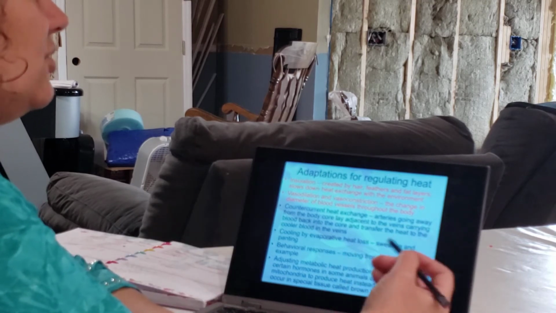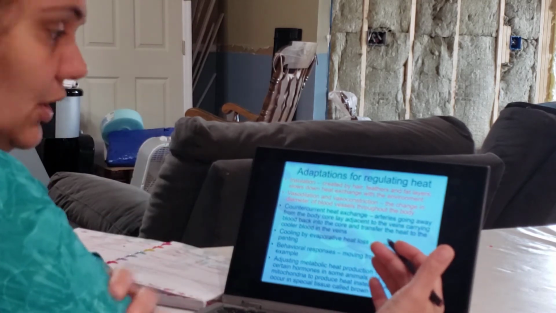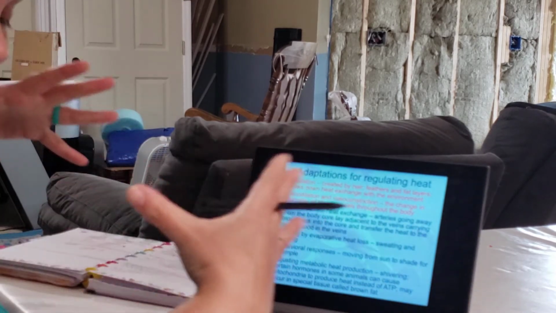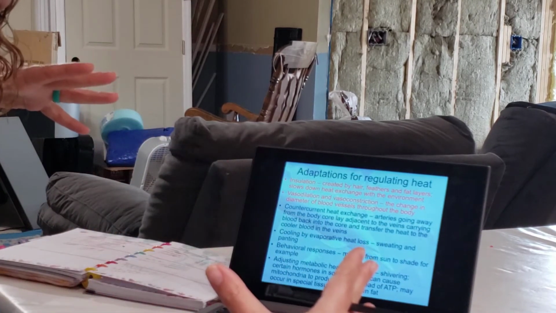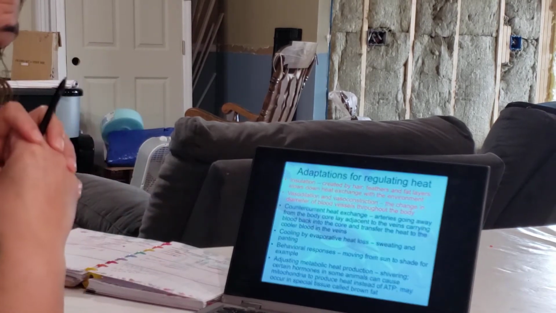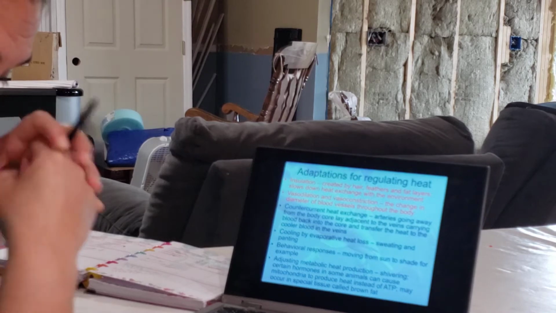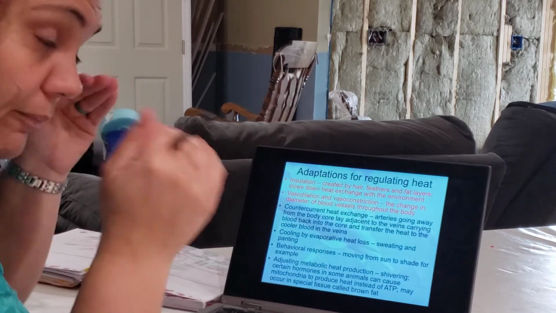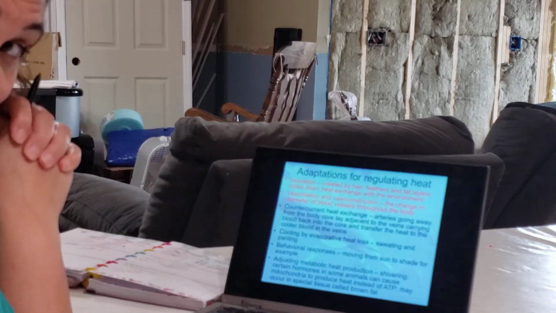That's going to slow down your heat exchange with the environment. You're insulating yourself. Vasodilation, vasoconstriction: you're vasodilating, you're allowing more blood through your vessels to the skin. Or vasoconstricting, you're allowing less of it close to the skin, less of it outside. The blood vessels are getting smaller, getting everything away from the skin, so keeping it away from the environment.